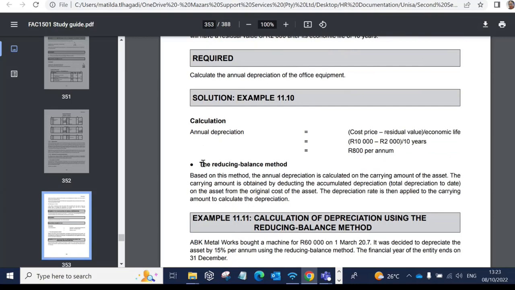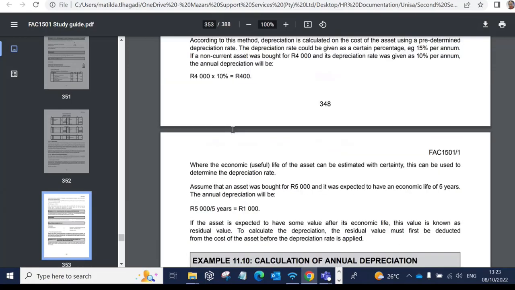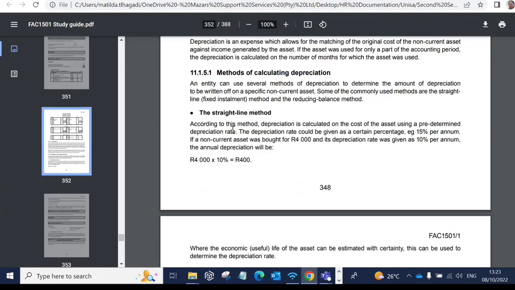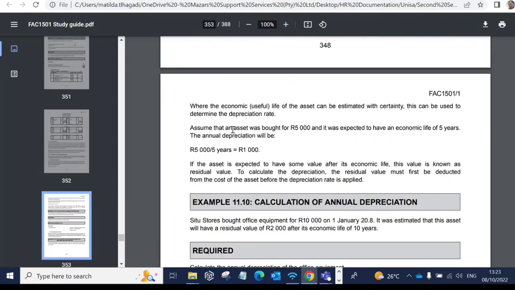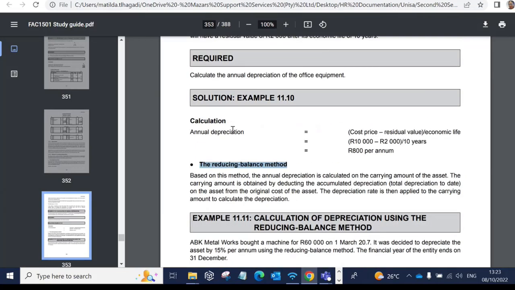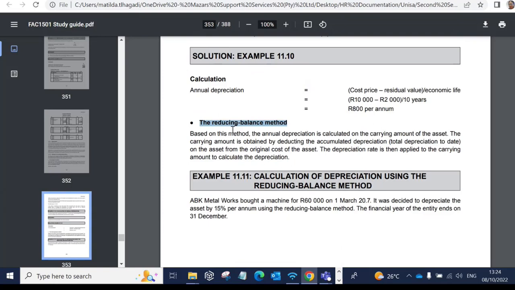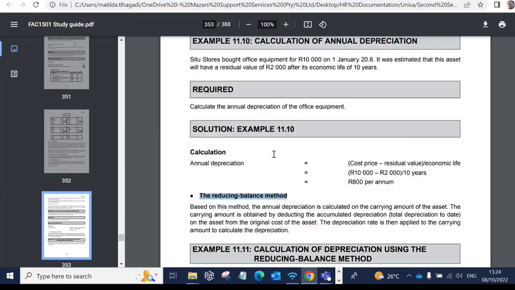And then let's do the reducing balance method. After we do the reducing balance method, I want you to see the difference between the two. Based on this method, the annual depreciation is calculated on the carrying amount of the asset.